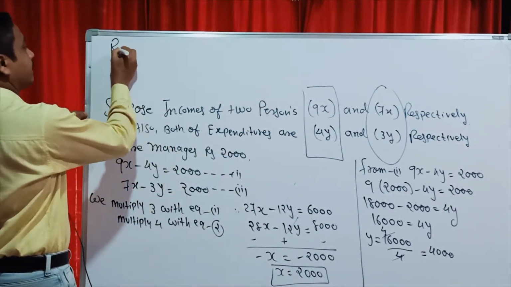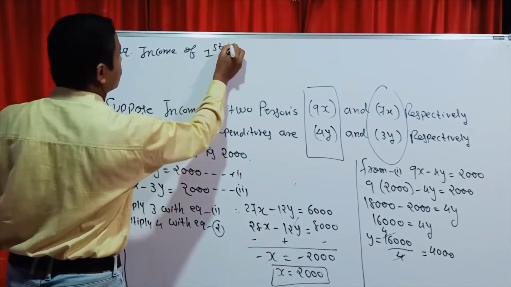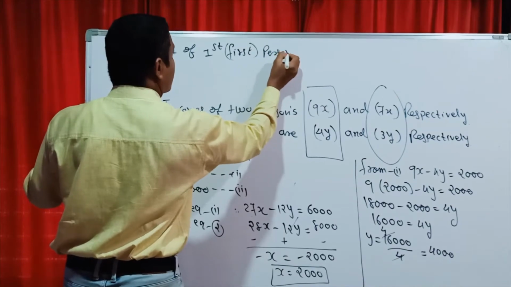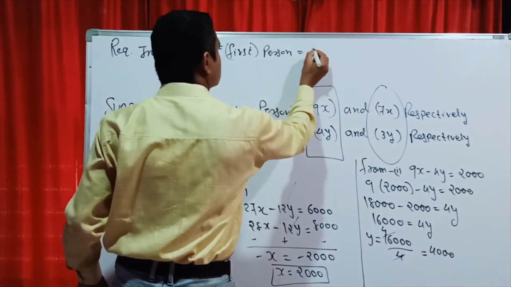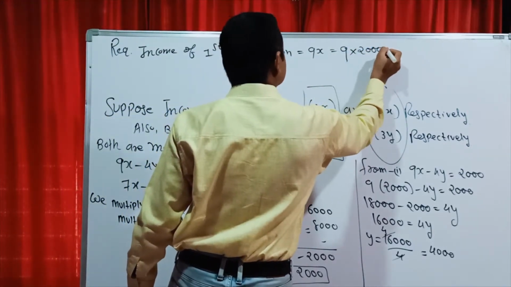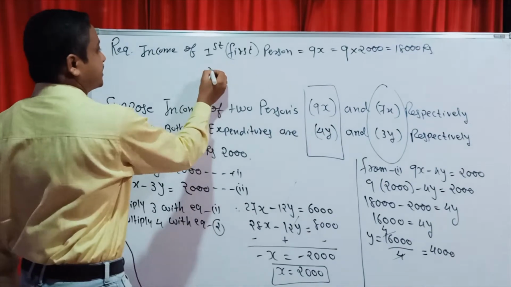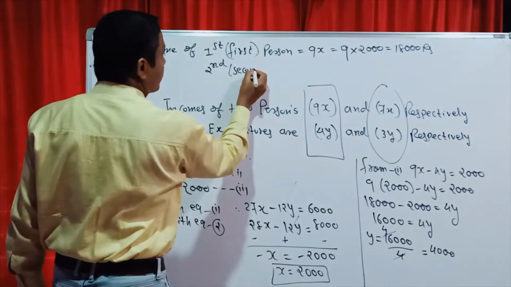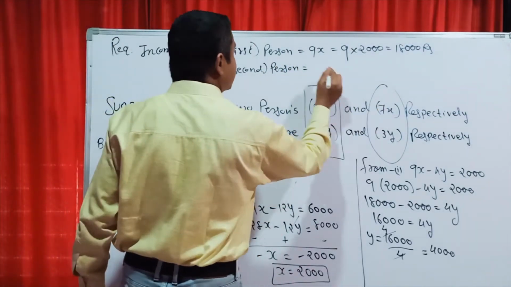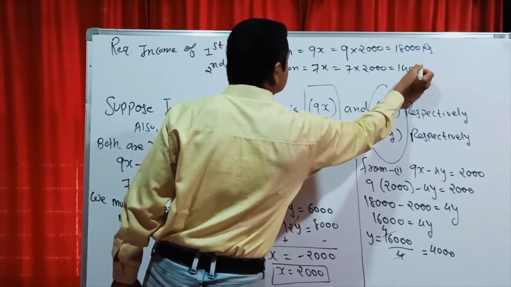The required income of the first person is 9x, so 9 into 2000, and my answer is 18,000 rupees. The second person's income is 7x, so 7 into 2000 gives 14,000 rupees.